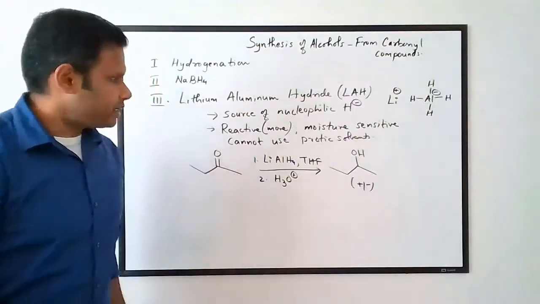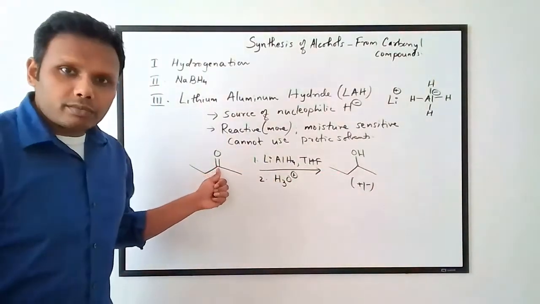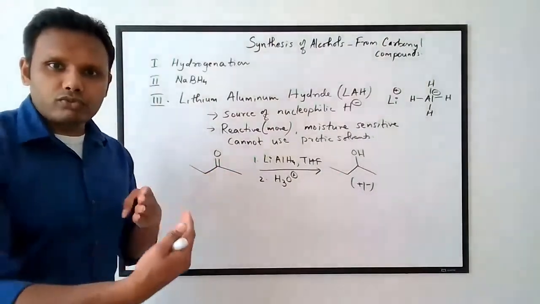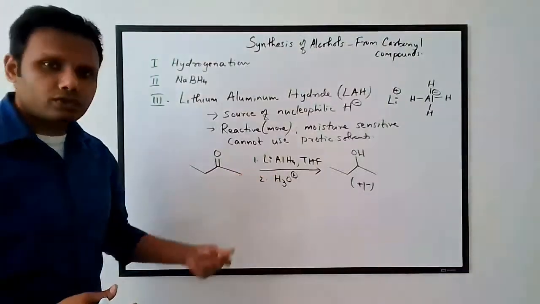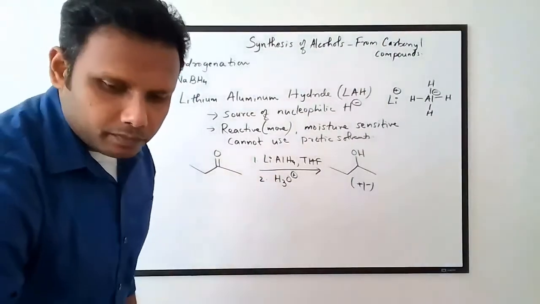We get a racemic mixture because this carbonyl carbon is planar, so the attack can happen from both faces of that carbonyl compound. So that would be the reaction here, okay?